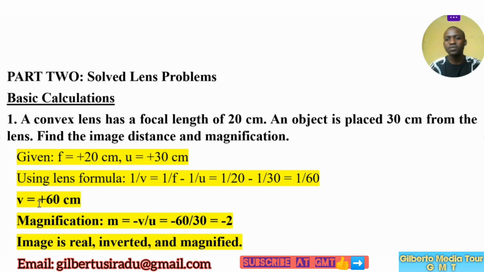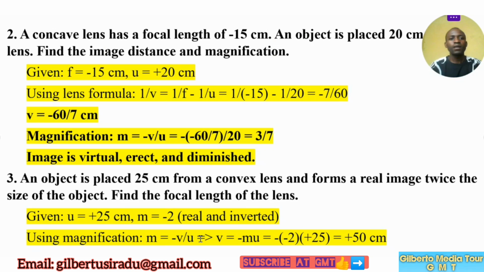When v is negative, the image should be a virtual image. The magnification is the negative sign times the ratio of image distance over object distance. The image is real, inverted and magnified.